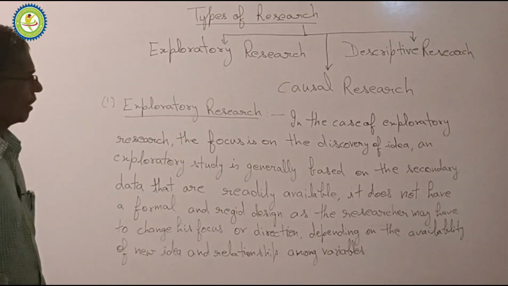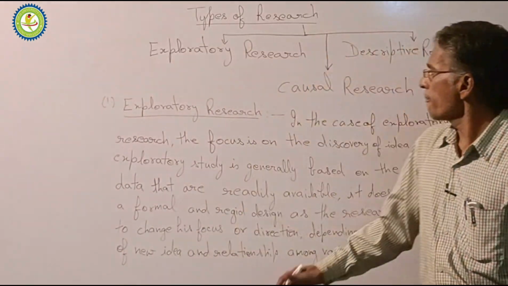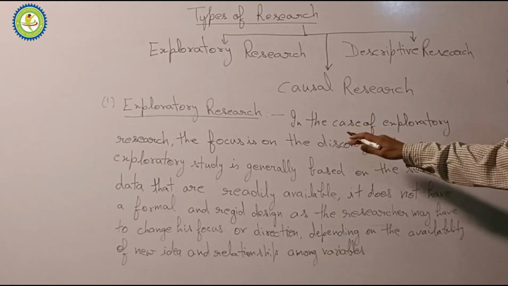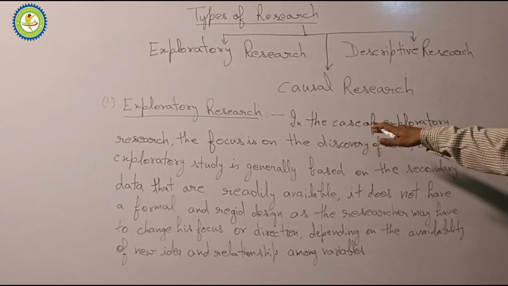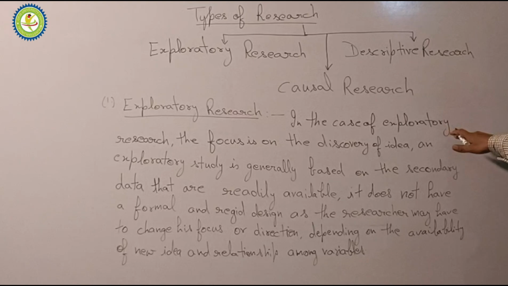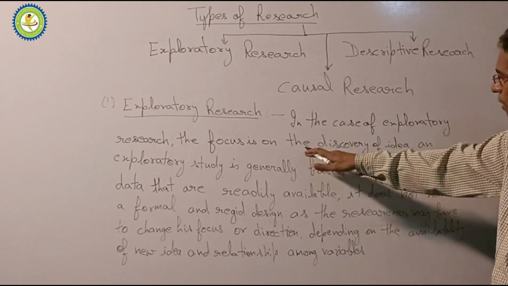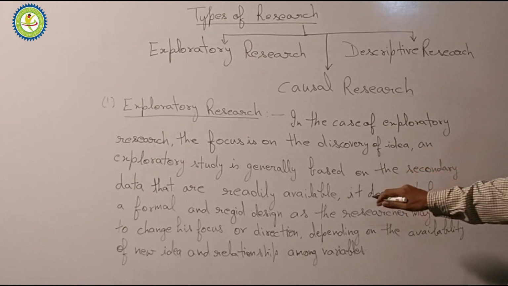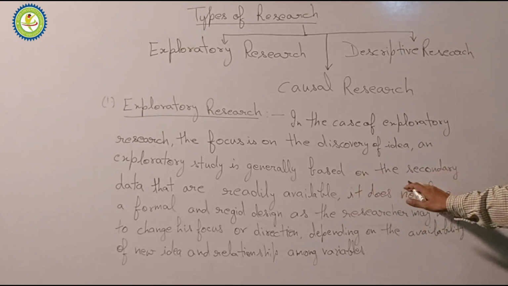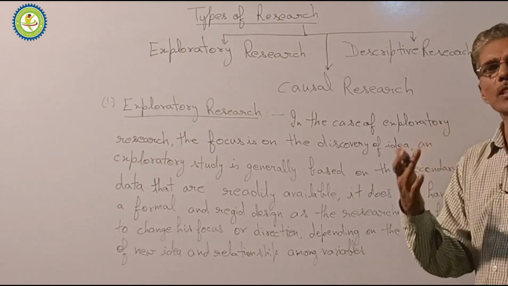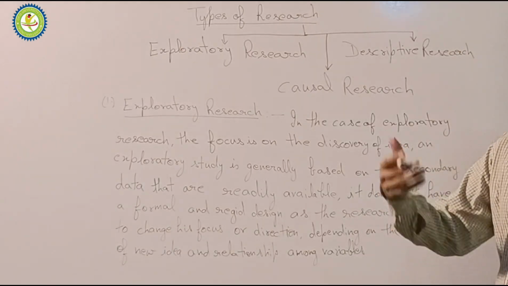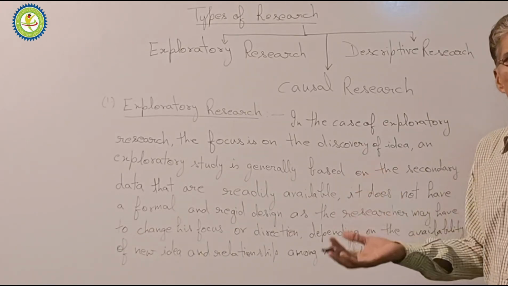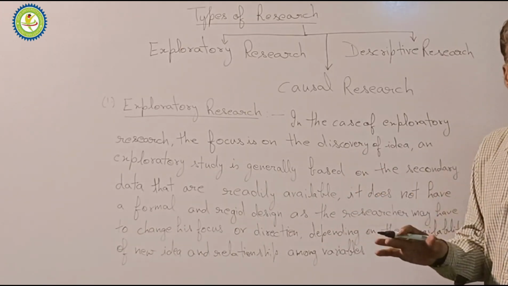So you have seen, ladies and gentlemen, in the case of exploratory research, the focus is on the discovery of idea, and exploratory research is generally based on the secondary data, means the data which is actually gathered by someone else and another person is using it. The person who is using it has not gathered the data.